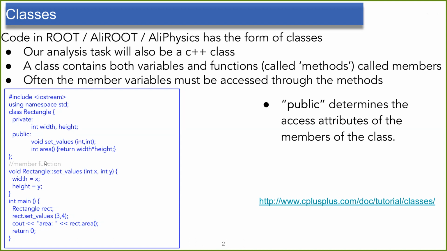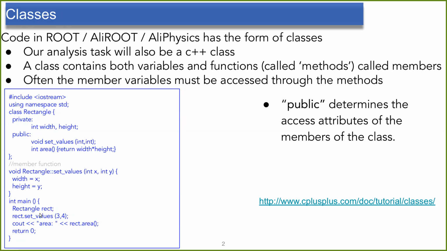Now let's see in a simple program how we can create an object using this class and use the functions defined inside the class. For example, let's define an object called rect, which is from this rectangle class. We just need to write the class name, rectangle, and then the object name, rect.